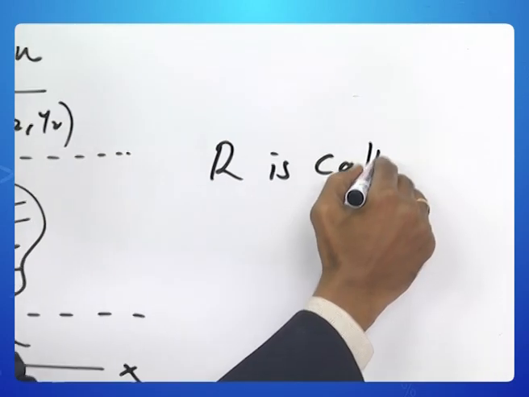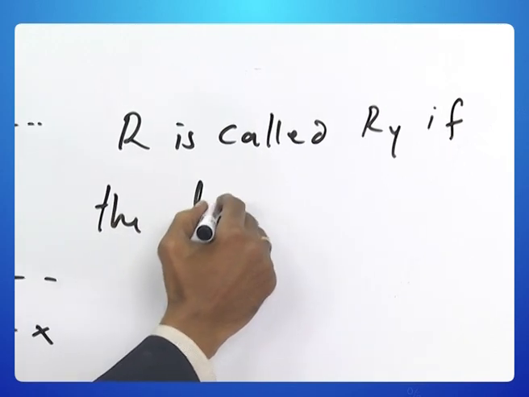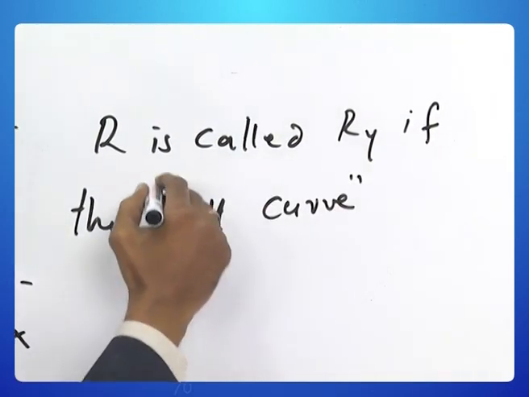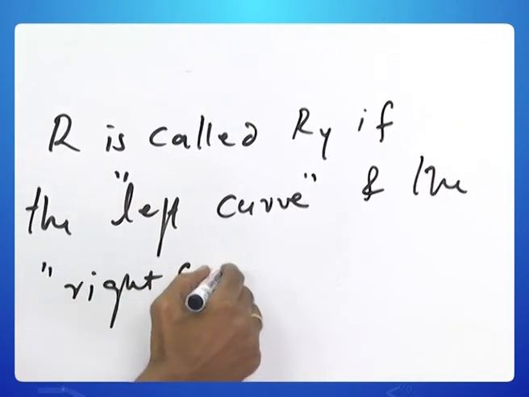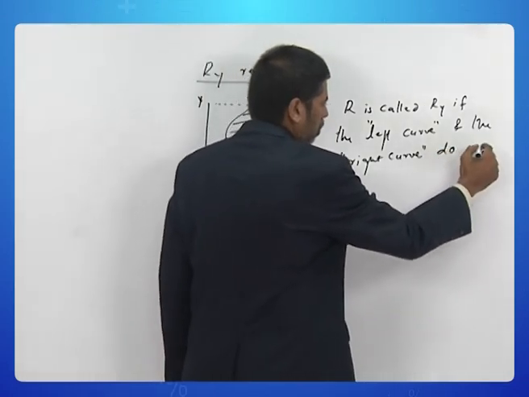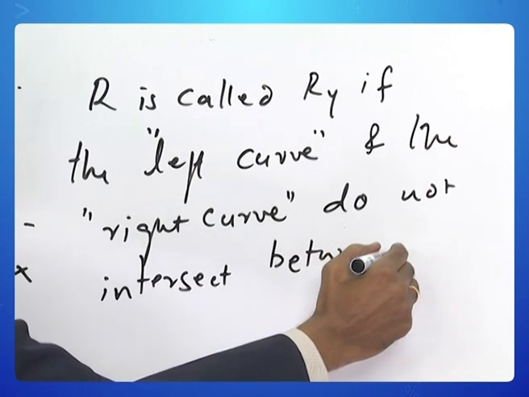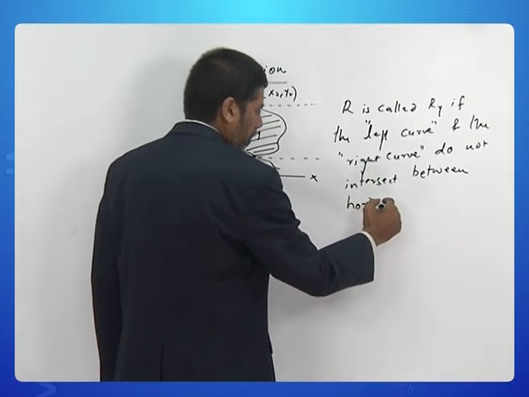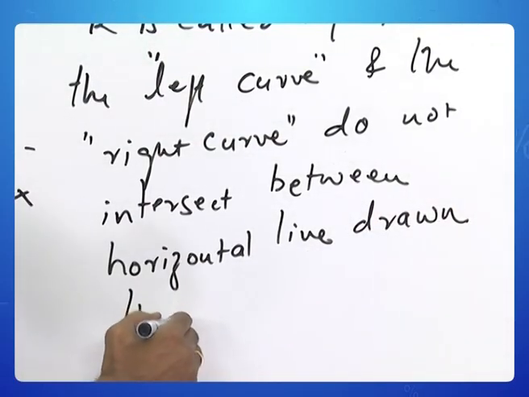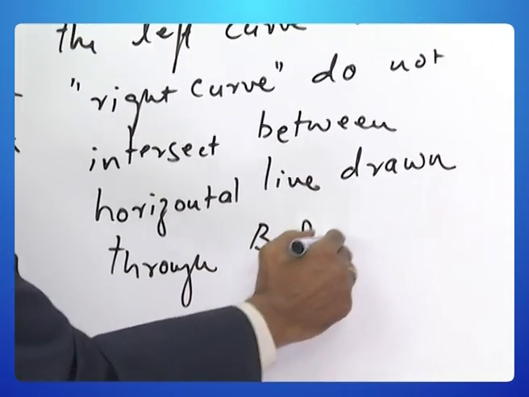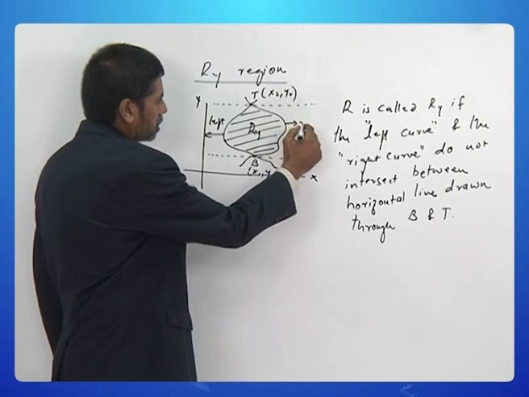So R is called Ry if the left curve and the right curve do not intersect between horizontal lines drawn through B and T. So this is the left curve, this is the right curve.